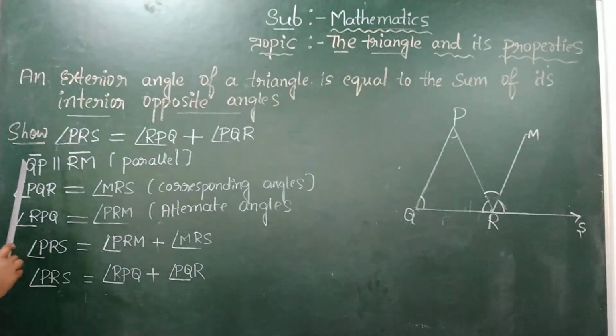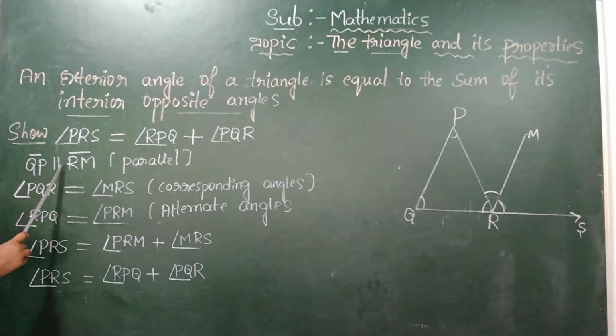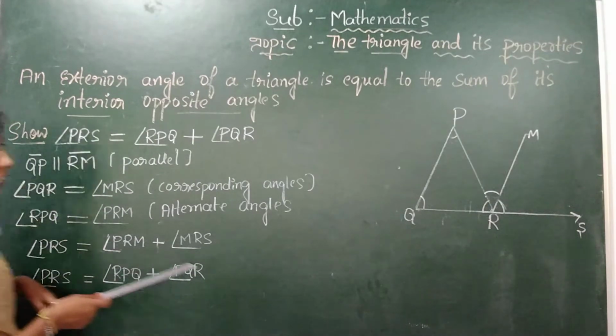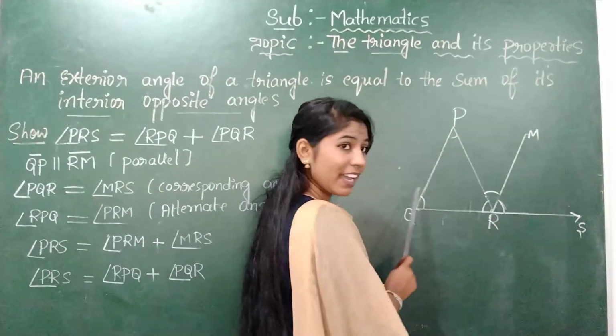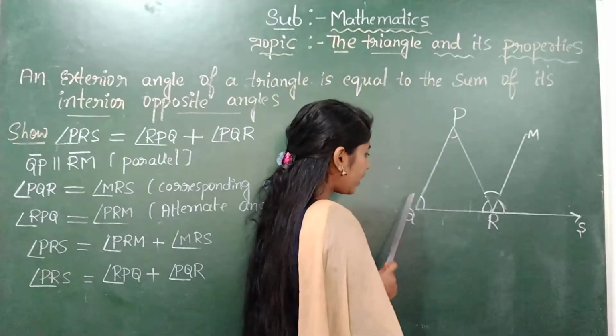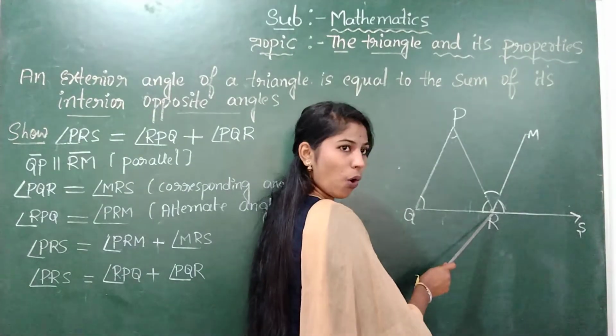Are you agree? QP is parallel to RM. When these two are parallel, you will get the corresponding angles by this transversal line. The transversal line is QR.